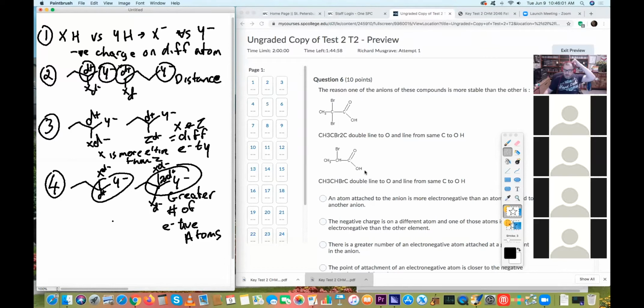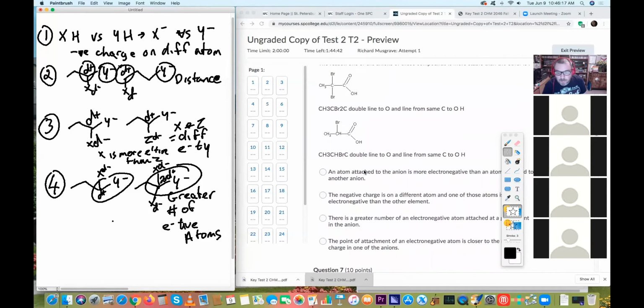You could possibly write the anions down, but I don't think it's necessary. I was thinking 4 because it had more. Yeah, one has more on it than the other one does. So I would say it's scenario 4. The reasoning is a greater number of electronegative atoms attached to the given point in the anion.